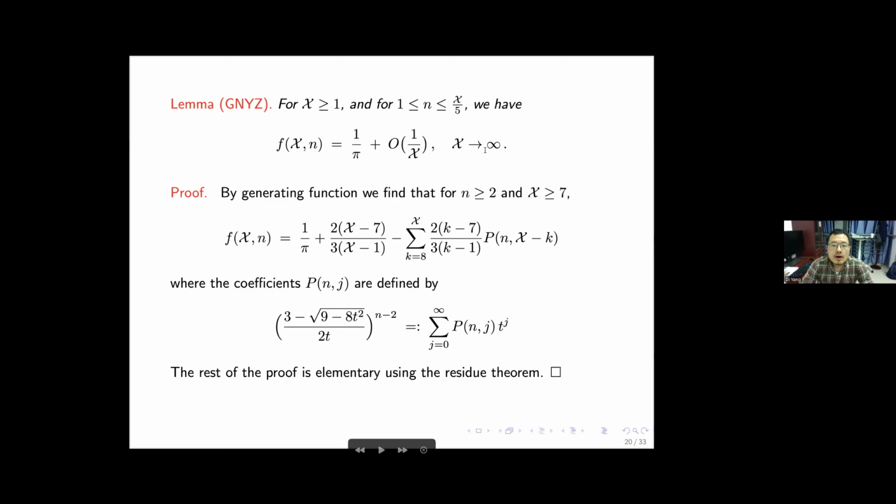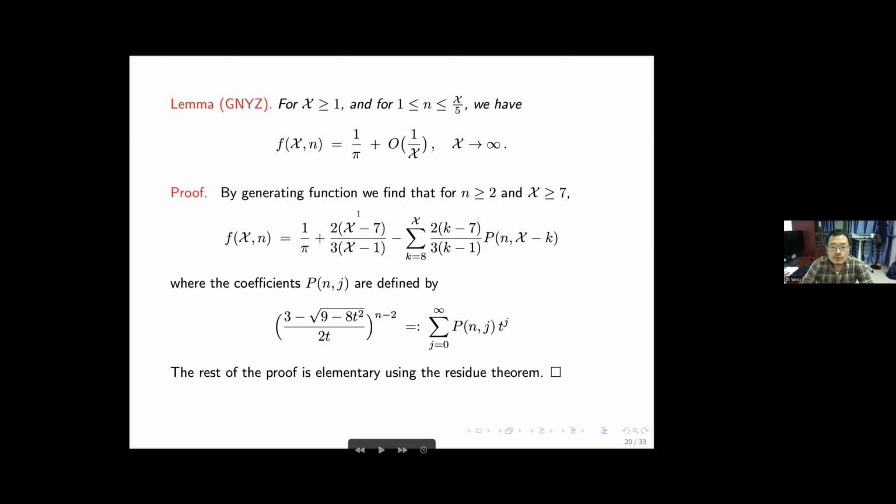So our lemma says that for any chi and any n smaller than or equal to chi over 5, this number theoretic function goes to 1 over pi uniformly in this range.